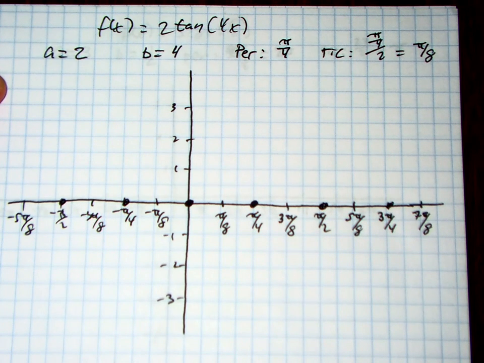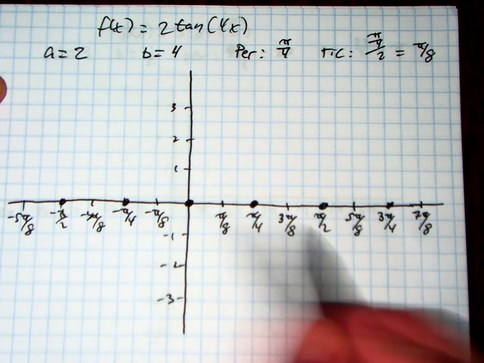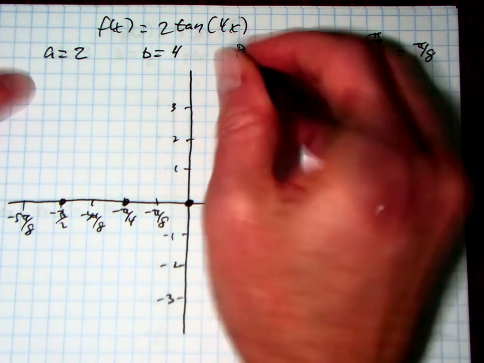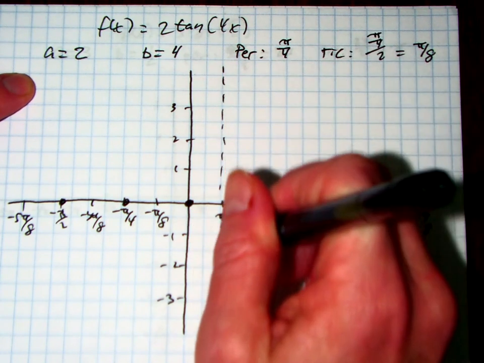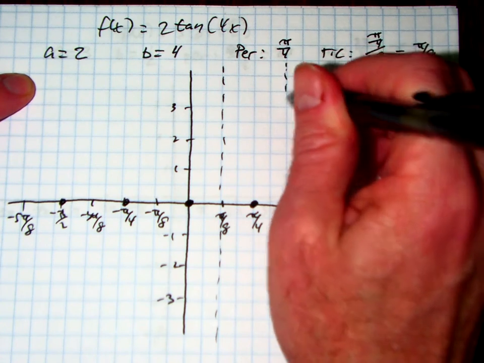So we have those, what we can call critical points. And then all we've got to do is the asymptotes. The asymptotes are going to be at the odd tick marks, so every other tick mark. So we have our intercepts, and then our asymptotes are going to be at the other tick marks. And that's why we did that period divided by 2.